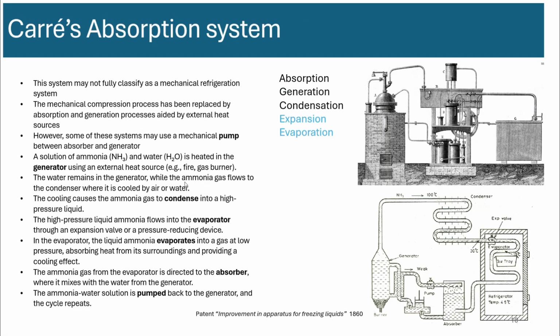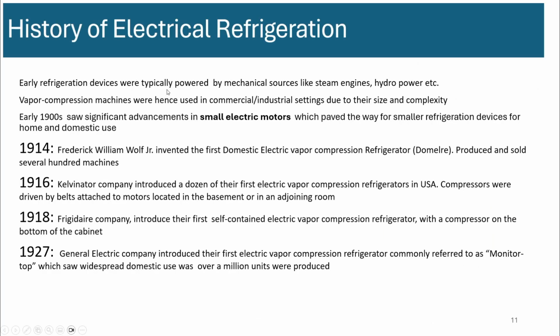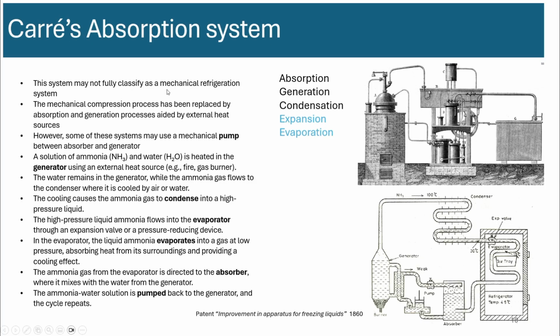So Carré's absorption system was unlike the vapor compression systems mentioned before. This system, like we discussed before, may not fully classify as a mechanical refrigeration system because external heat is the primary driver of the refrigeration process.